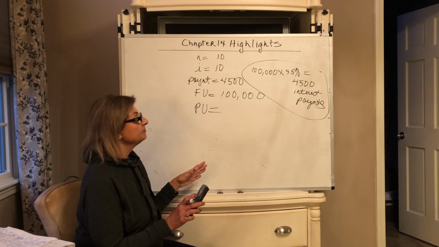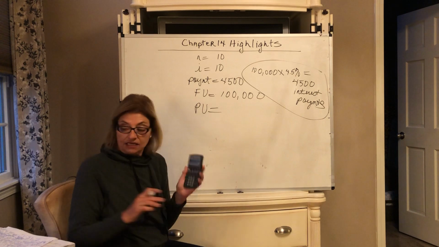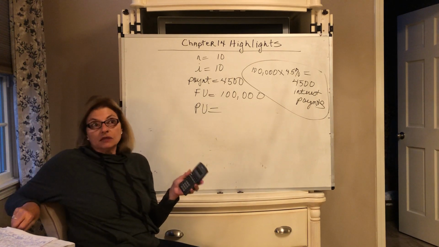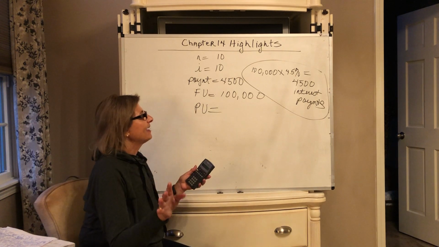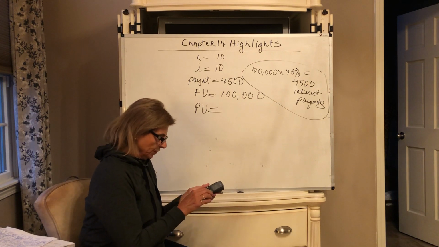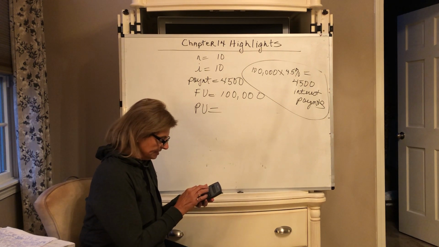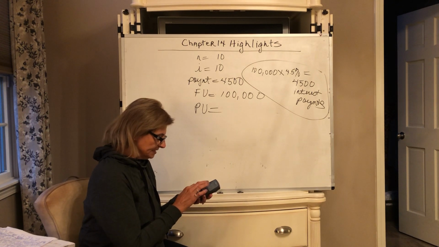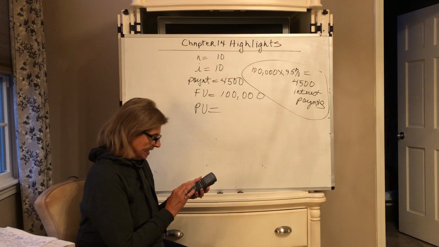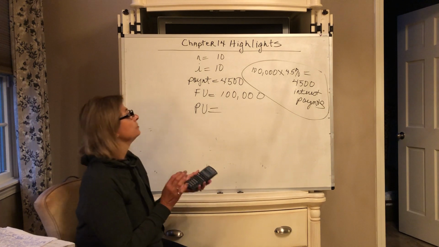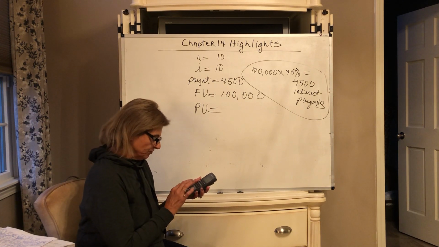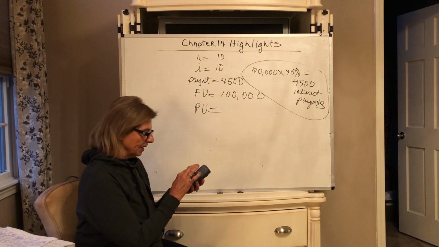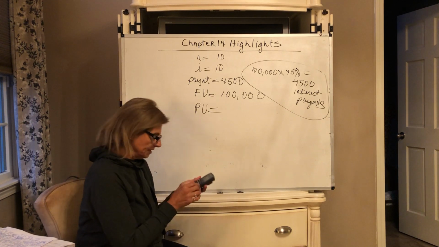If we put them in the calculator, now you can't really see this, but you just have to check out how fast it is. So I'm going to go 10 is N, right? 10 is N. 10 is interest, right? 4,500 is the payment, and there's all little buttons on the second row of the calculator.